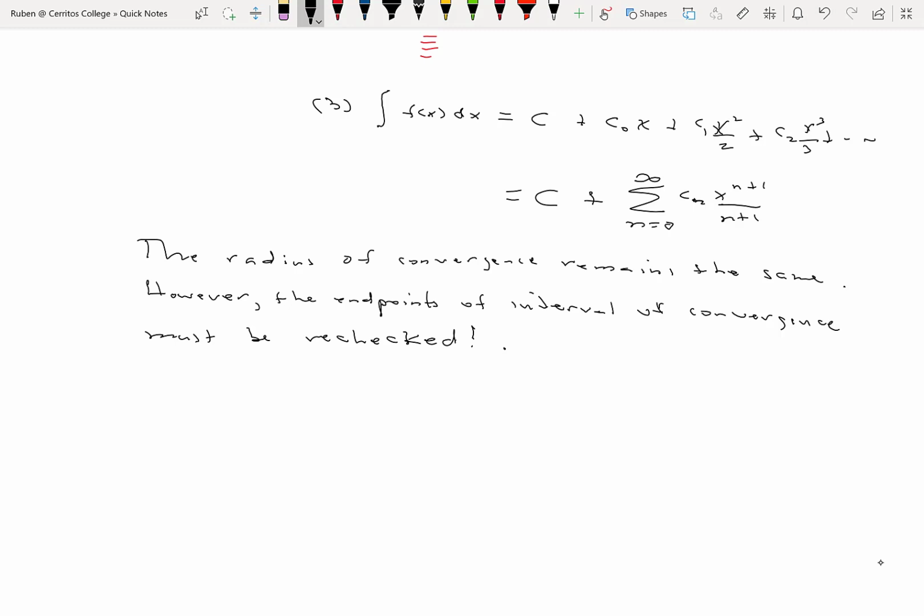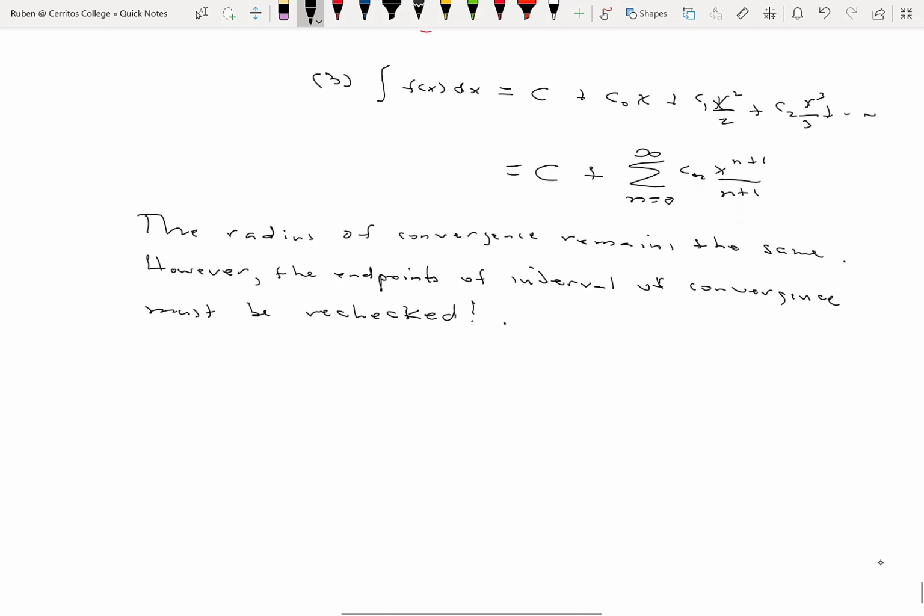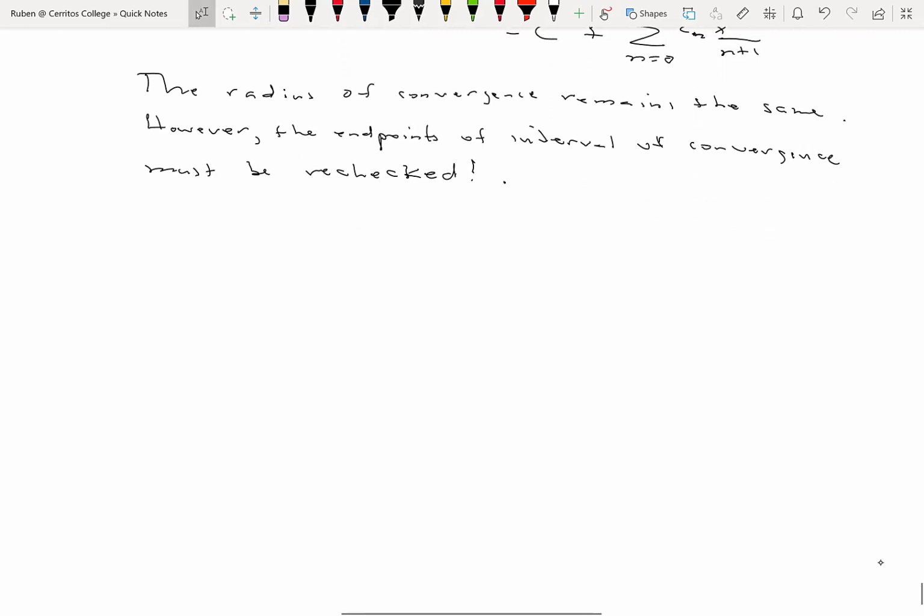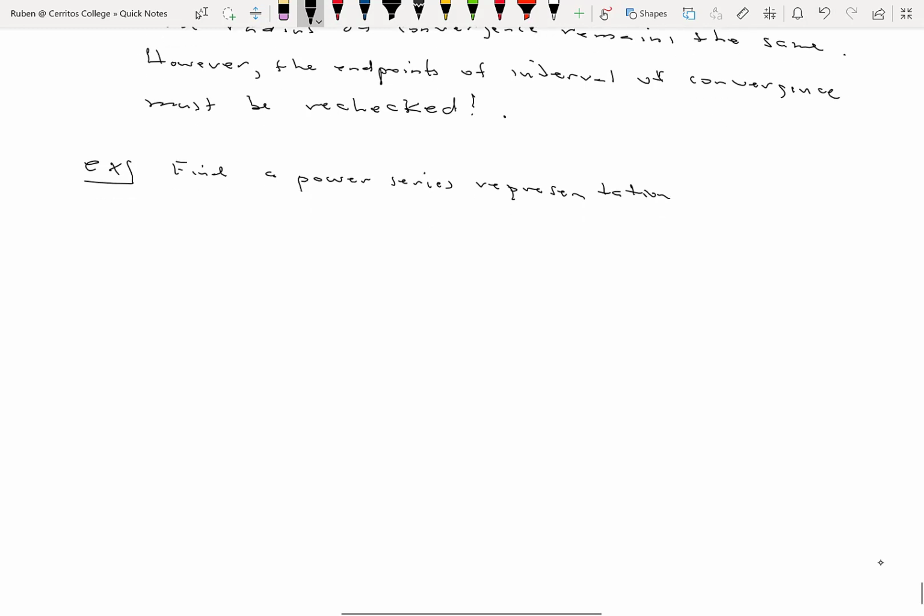Okay, so why would we differentiate or integrate a power series? The answer to that is right now. Example. Find a power series representation for each function.